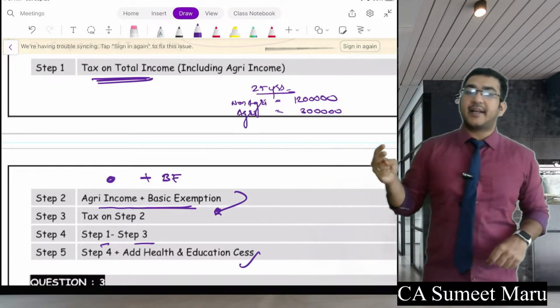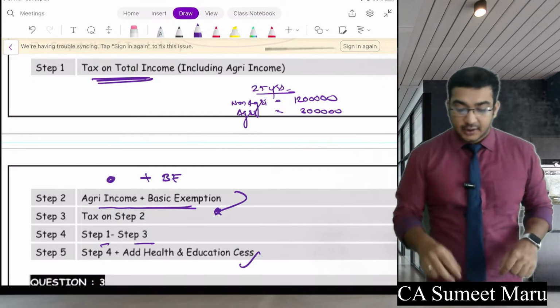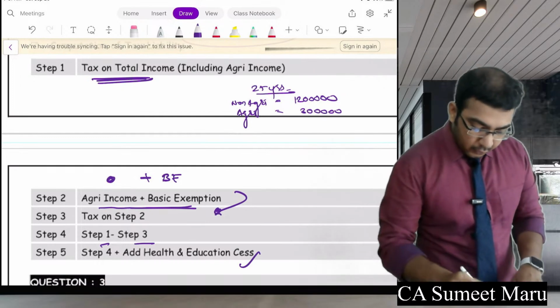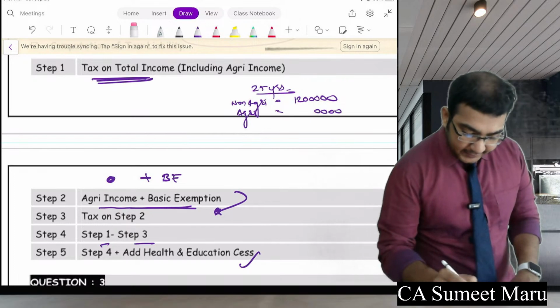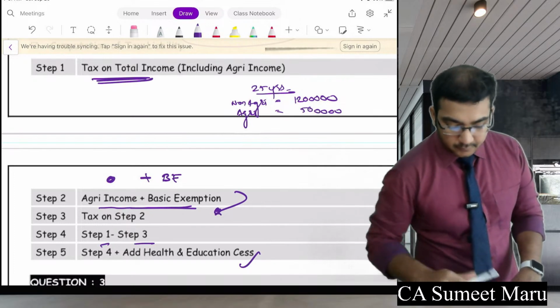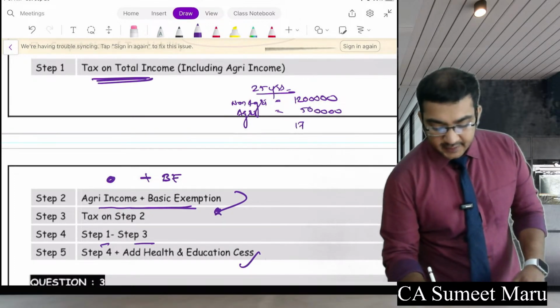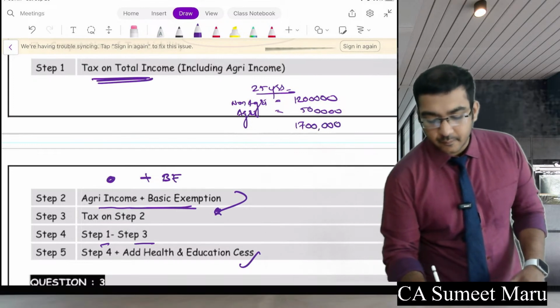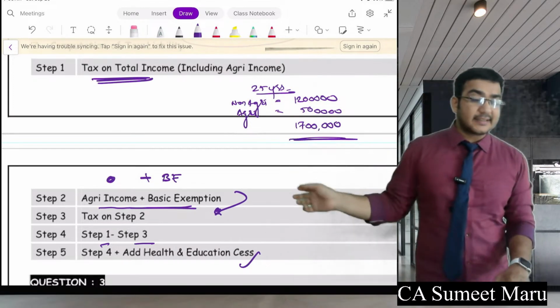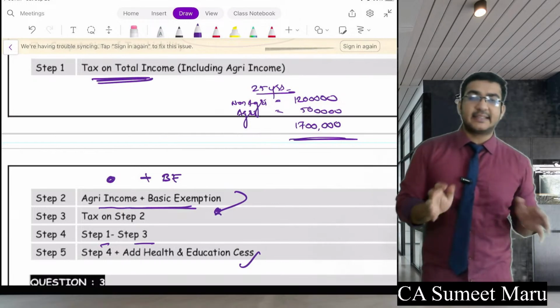Yes. Is the non-agriculture income more than 2.5 lakh? Yes. So please go for this. Just do one thing: make agriculture income 5 lakhs, so total income is 17 lakhs. Please solve this using the steps you have learned, whichever is easy for you.